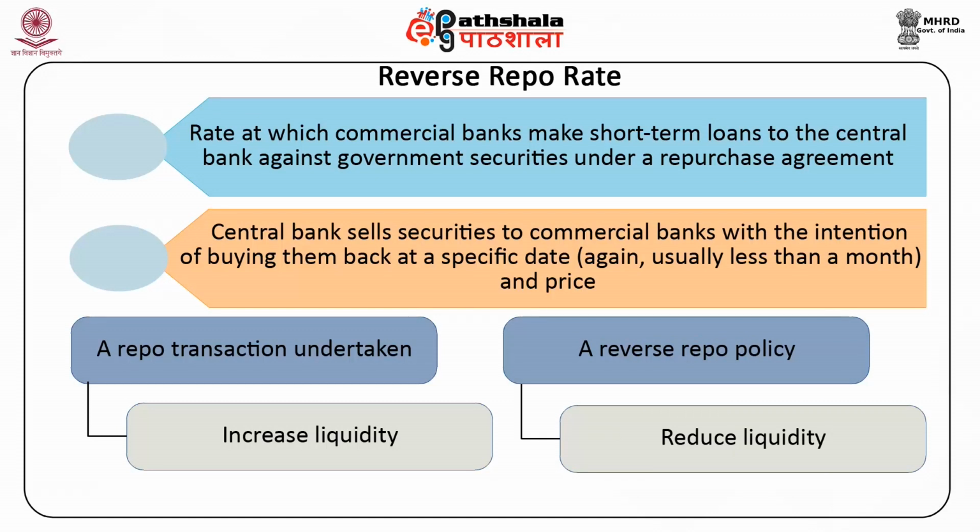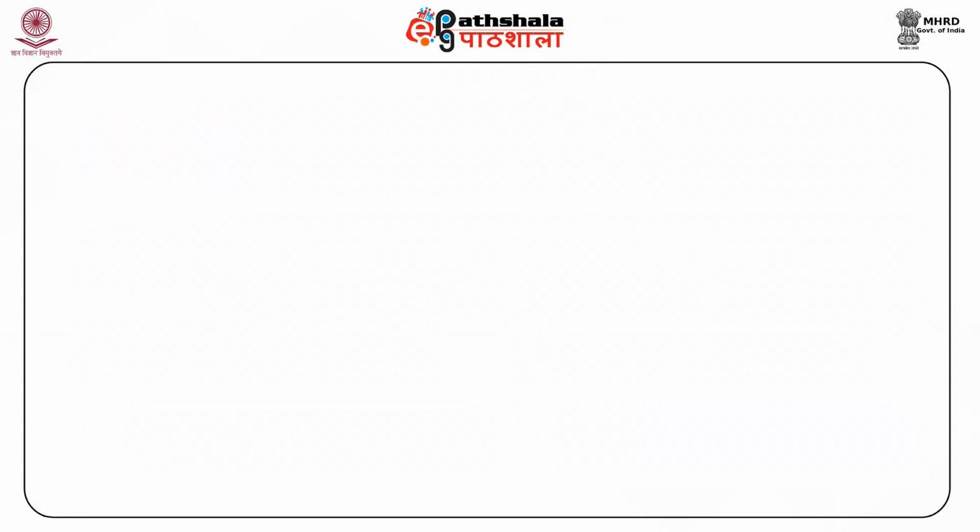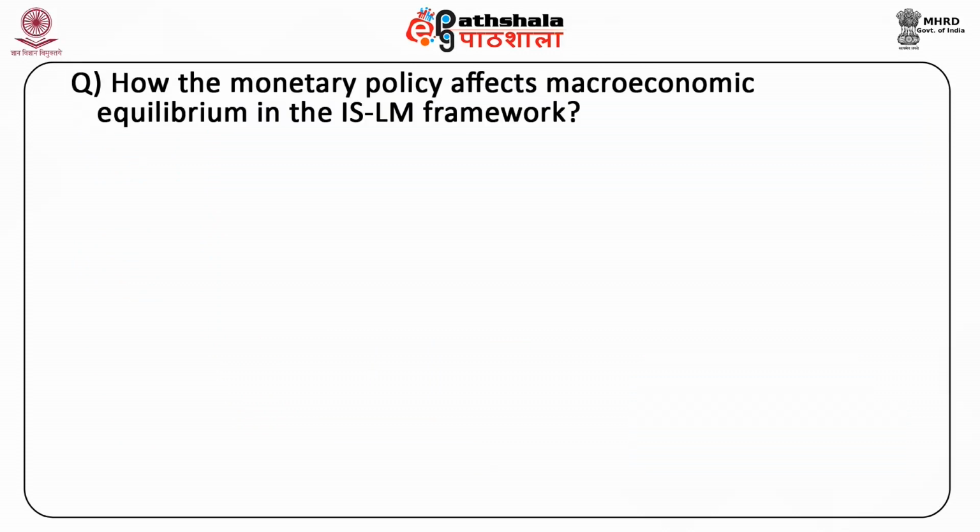These monetary instruments have become important short term tools for managing liquidity in the Indian economy. We will now see how the conduct of monetary policy affects macroeconomic equilibrium in the ISLM framework.